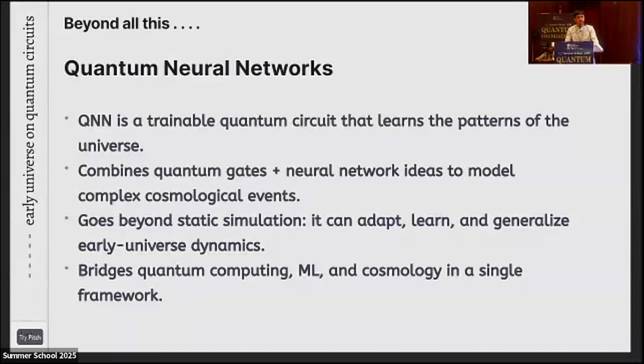Now I want to talk about the actual thing, quantum neural networks. This is a kind of quantum intelligence, and here we can create a neural network which can perform this experiment in loops and learn about these things by itself.